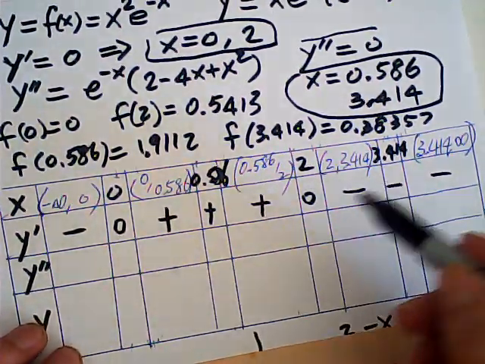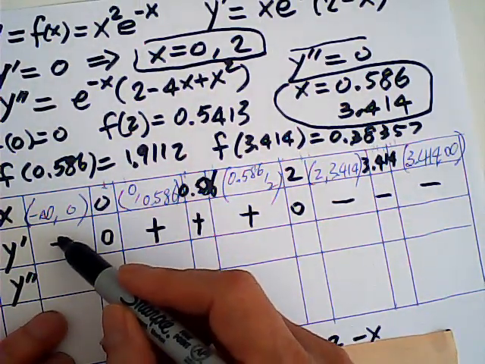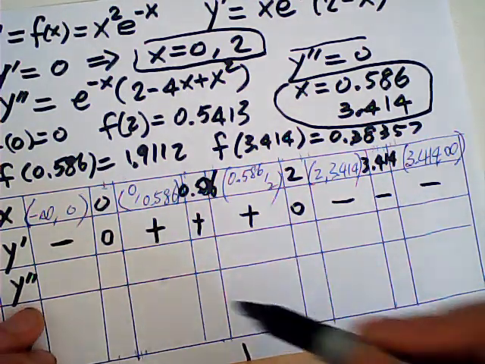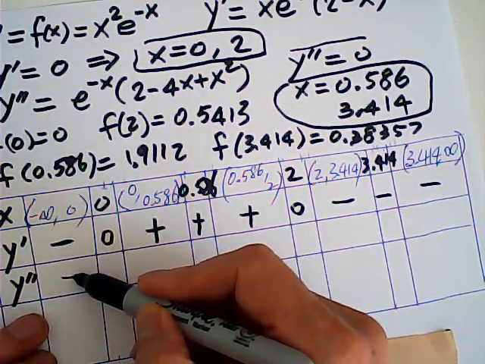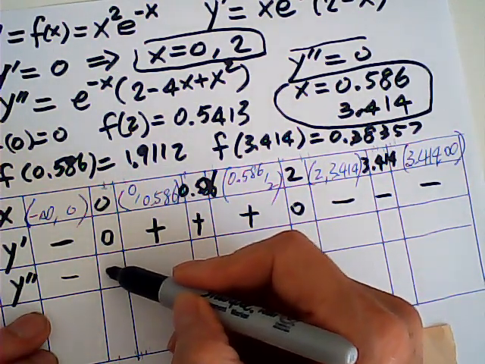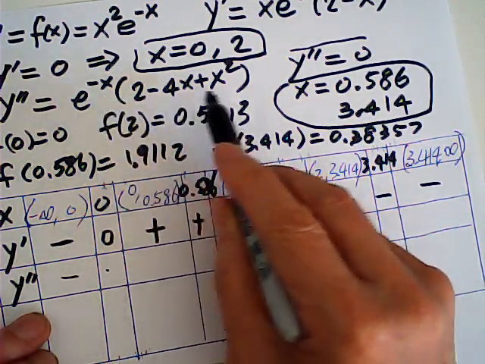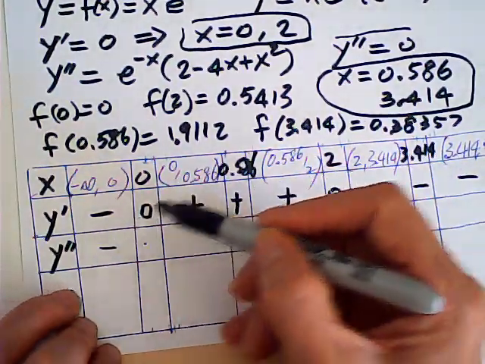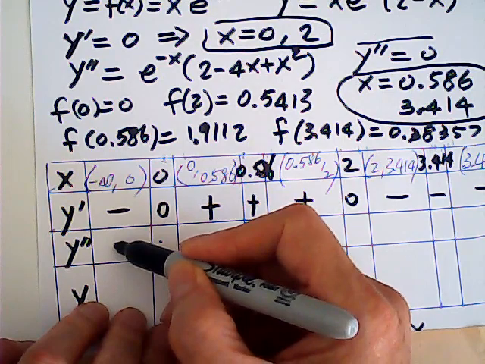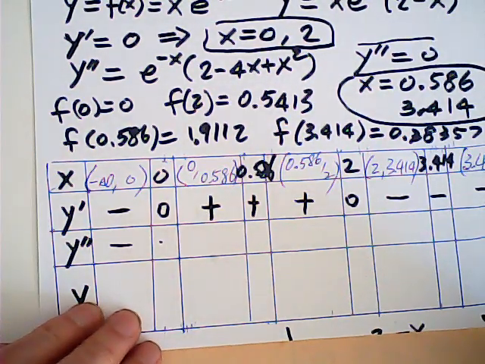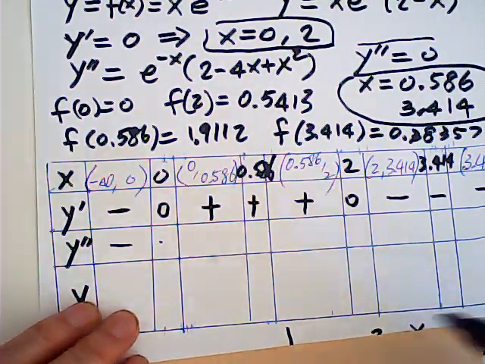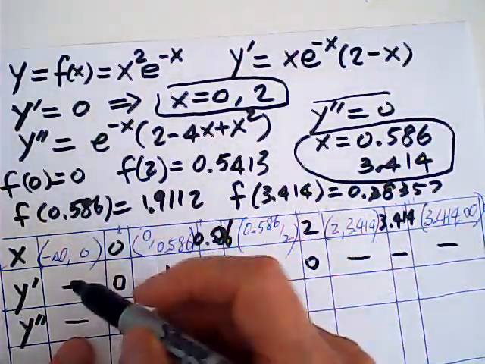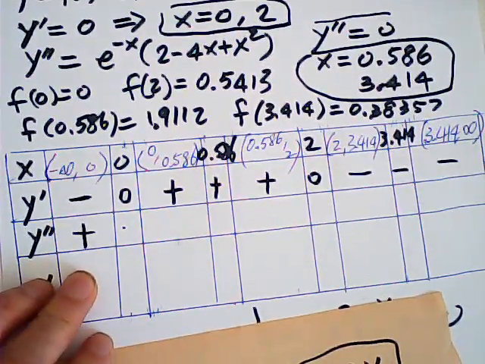And similarly, we pick up a value here, put in the second derivative. That is negative. This, you put it here. We pick up a value, put in the second derivative. This one is positive, sorry.